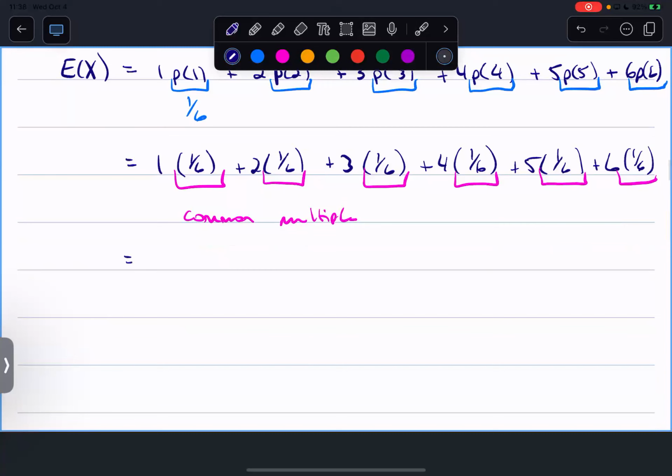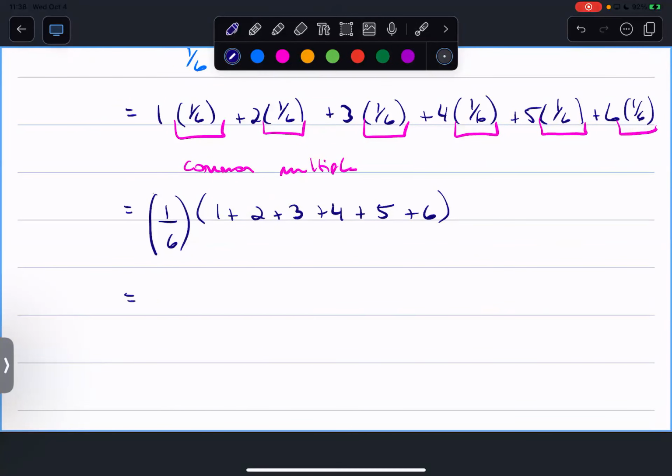Which means I can write, I'll do a large fraction here, 1/6, pull it outside. And then 1 plus 2 plus 3 plus 4 plus 5 plus 6. If I'm multiplying fractions, I'm allowed to just multiply across, right? 1 times that sum divided by 6.